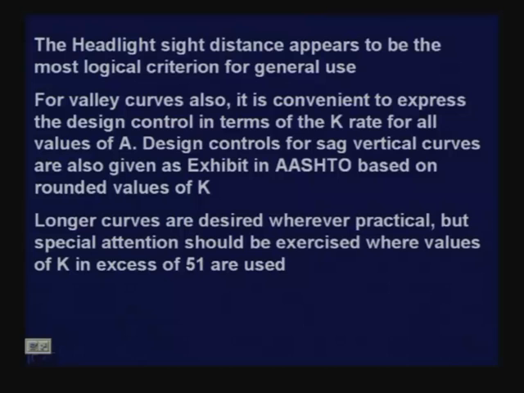So, for valley curves also it is convenient to express the design control in terms of k for all values of deviation angle A. Now, design controls for sag vertical curves are also given as an exhibit in AASHTO based on rounded values of k, as it is given for the summit curve. A similar type of exhibit is also available, expressing it in terms of the rounded values of k.